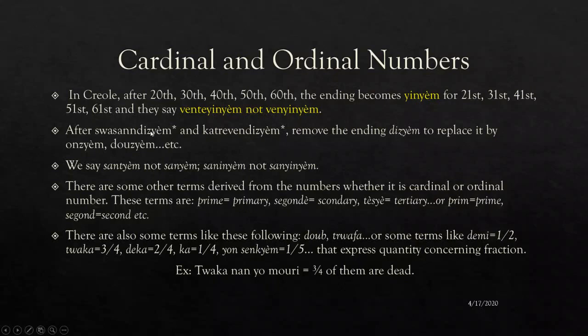After 70e and 90e, we remove the ending dixième and replace it by 91e, 92e, and etc. We say centième.